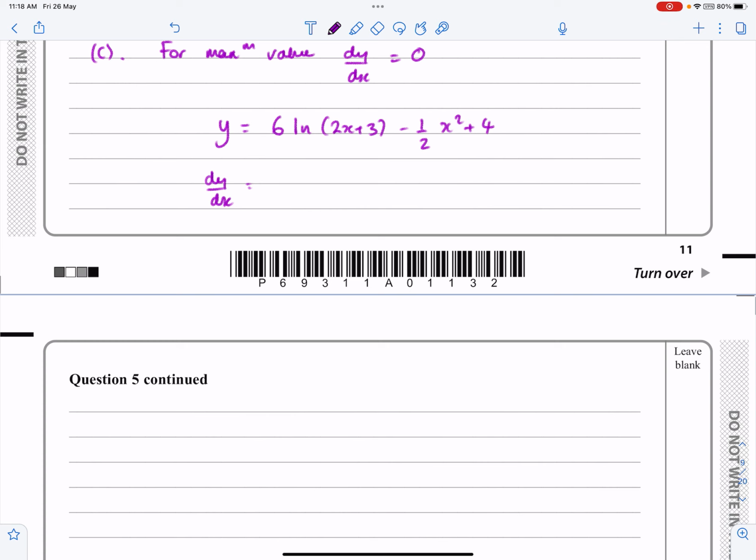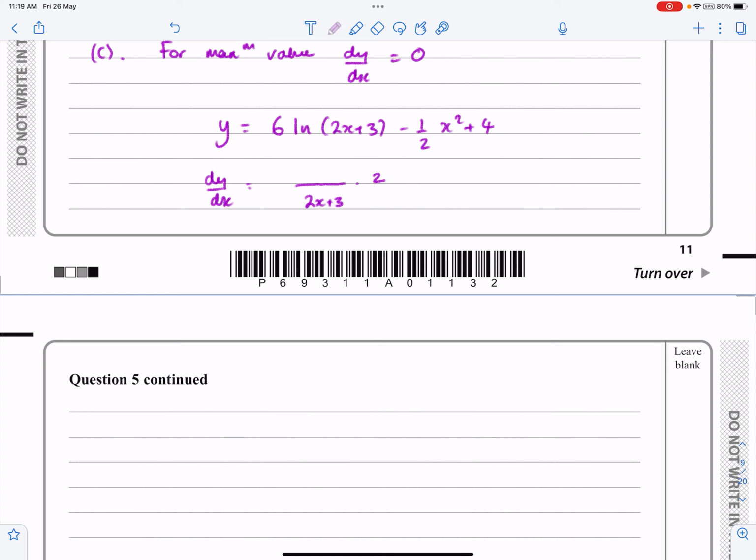I don't ignore it, but I don't use it as part of my differentiating here. So differentiating log 2x plus 3 is 1 over 2x plus 3 times by the differential of 2x plus 3, which is 2 here.